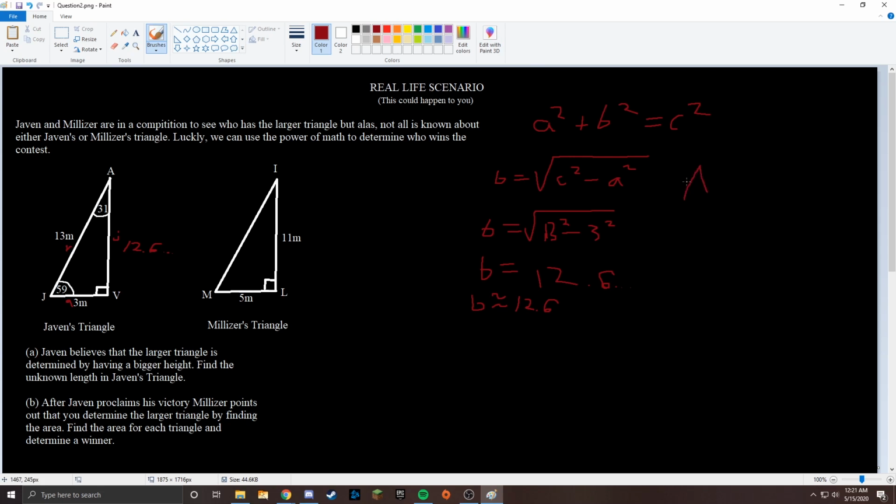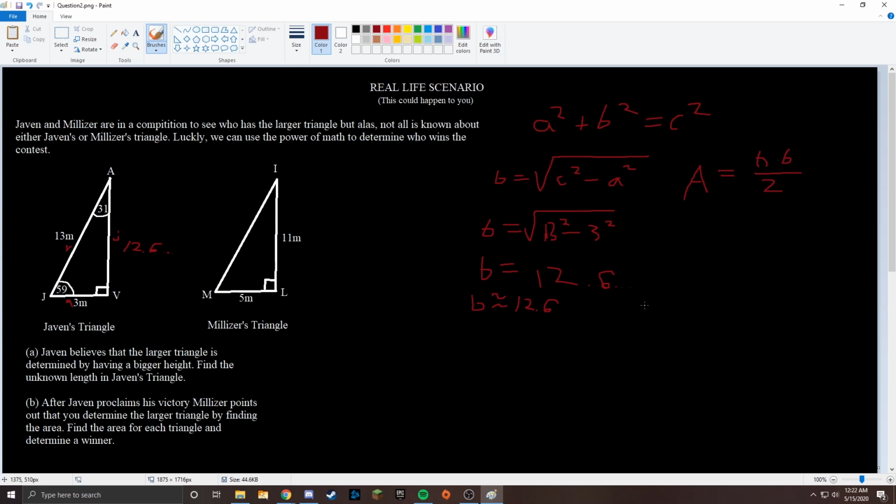It's going to be area equals height times base over 2. So the base would be on the bottom, and the height is going to be this, right next to the 90-degree angle. And that'll get you the height of a triangle, which is pretty simple. So let's set this up, shall we?